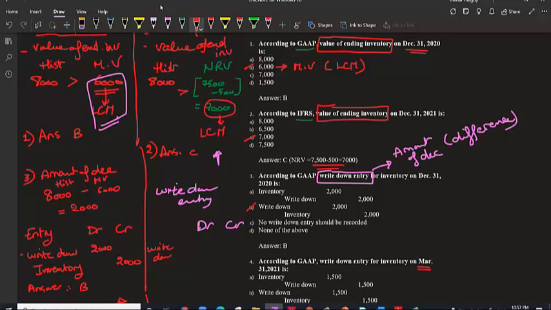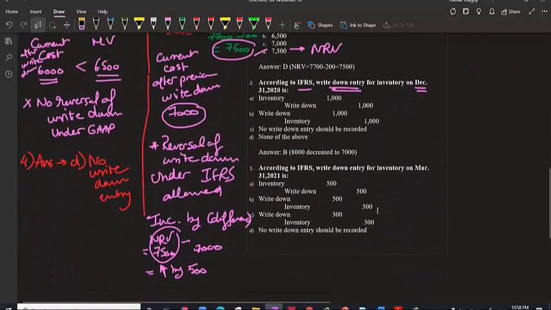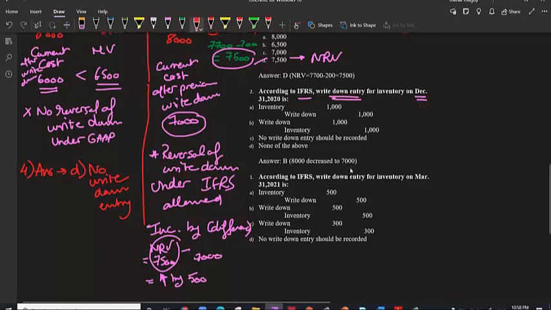It decreased from 8,000 to 7,000, so it decreased by 1,000. So the write down here is 1,000, and inventory equals 1,000. So the choice would be write down and inventory 1,000 because it decreased by 1,000.